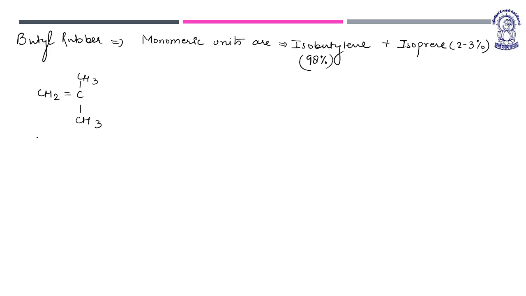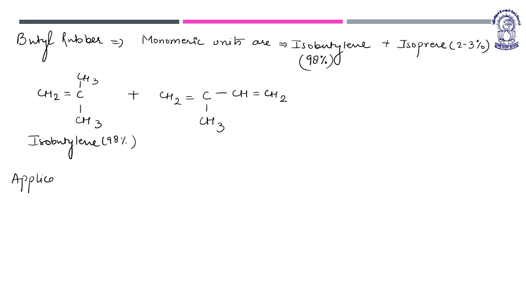These are the monomeric units. Applications: making of tires, toys, tubes, etc. This is butyl rubber.